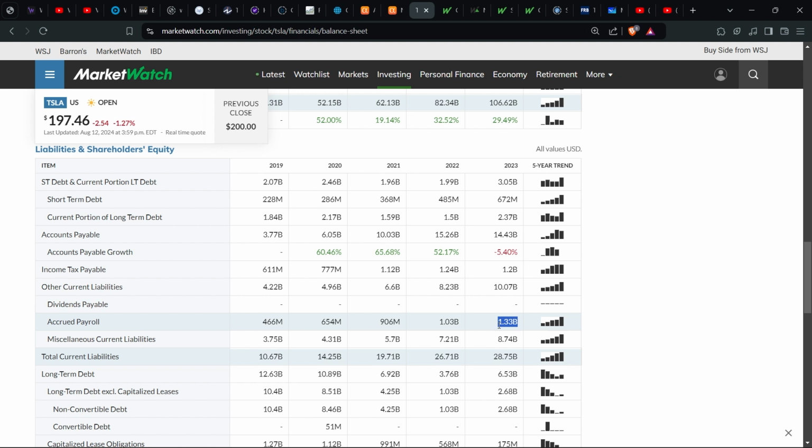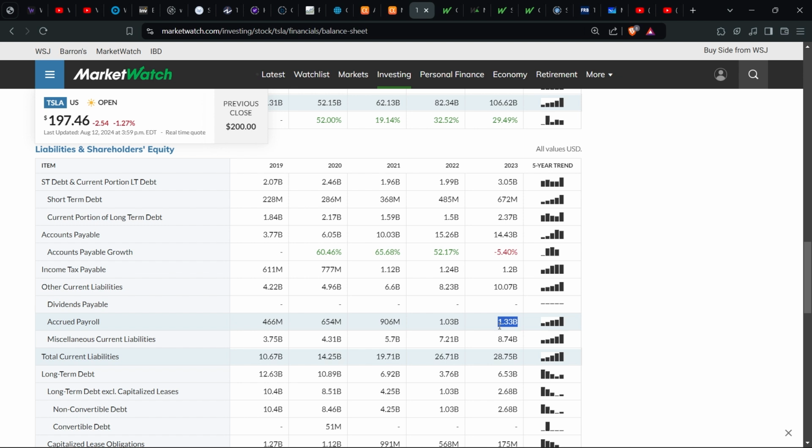Because this is 2023, this means by the end of 2023, there were employees who had worked but had not yet been paid. Why? Not because the company doesn't have money, but it's not yet time to pay them. They have worked, but they're going to be paid in the next accounting period when it's time for them to be paid.